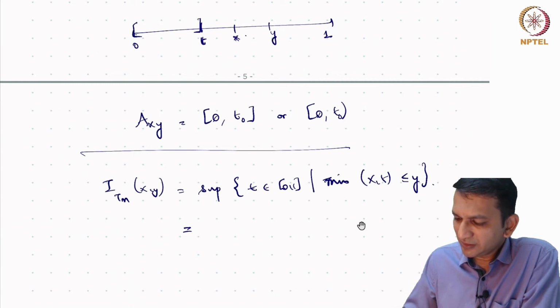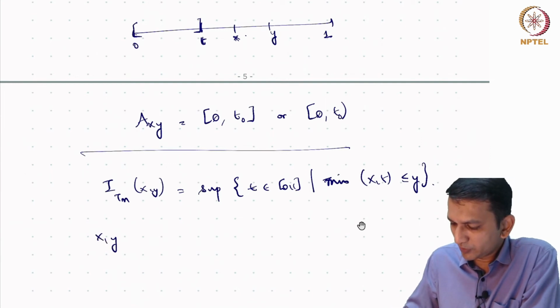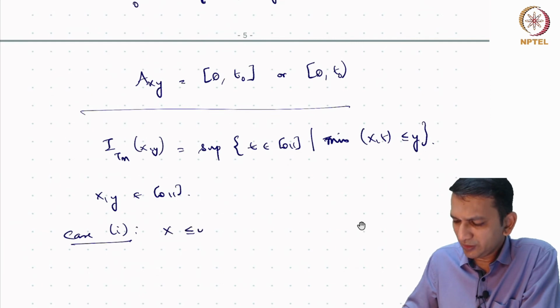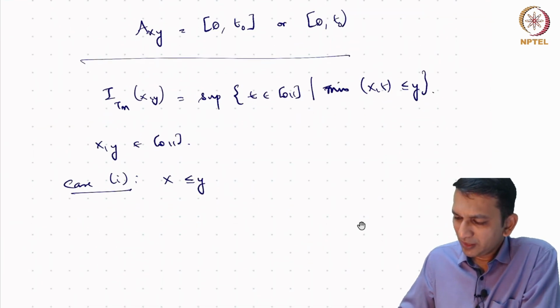To understand this, let's split the case. As was mentioned just now, let's take x, y element of 0, 1. Now we have two cases. Case 1, x could be less than or equal to y, or x can be greater than or equal to y. Let's look at this.